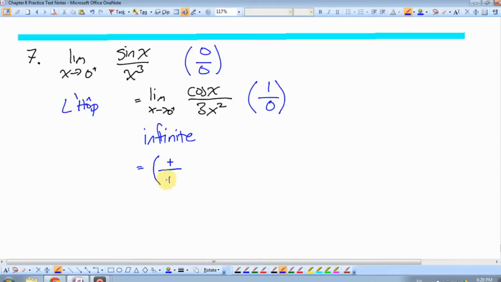Positive. If I have positive over positive, we're looking at positive numbers, right? So the limit as x approaches 0 from the right of sine x over x cubed is positive infinity. I'm putting the positive there for emphasis. You don't actually have to put it there.